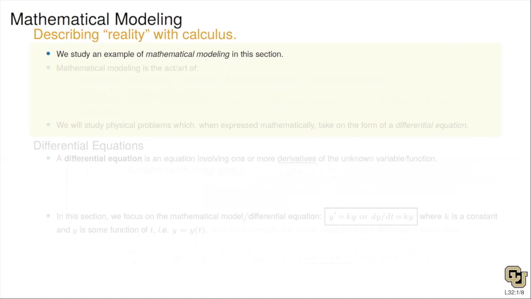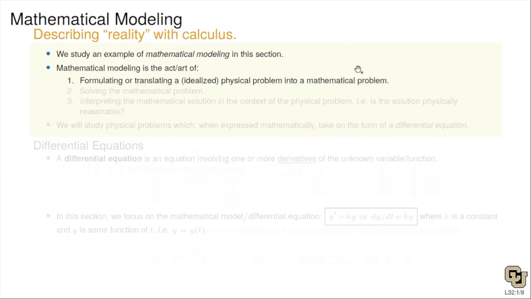That's called mathematical modeling, and it typically has 3 steps. I refer to it as an art because it's not that easy or obvious. It really takes a deep understanding of both the physical phenomenon that you're trying to model, as well as the math, and being able to put those two together.